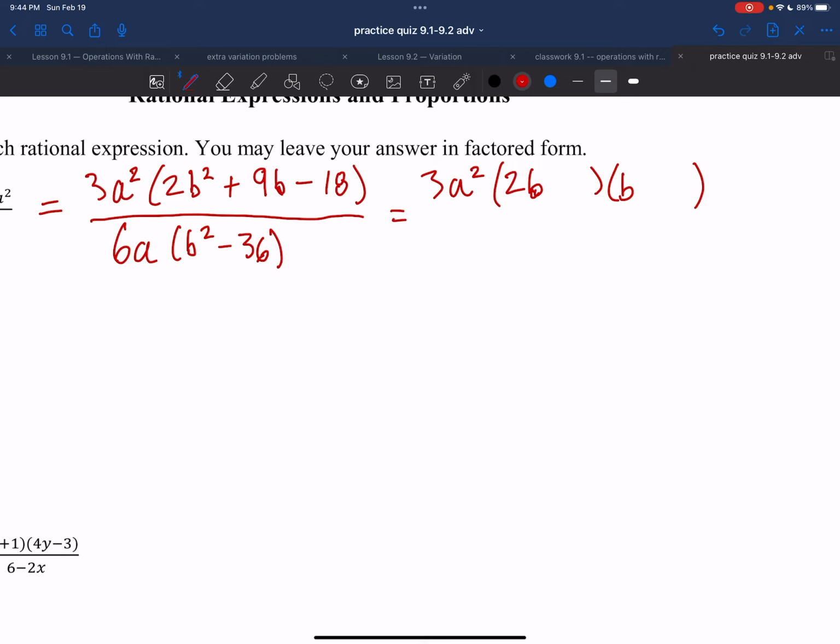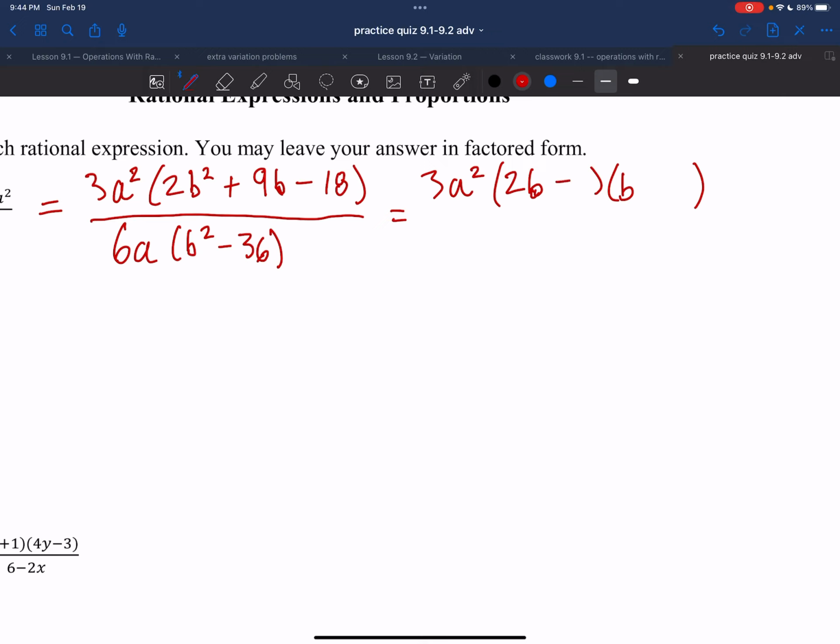And we could be trying like 9 and 2 or 6 and 3. I think if they were both positive, 6 and 3 would be good. However, they're not both positive. One's positive and one is negative.